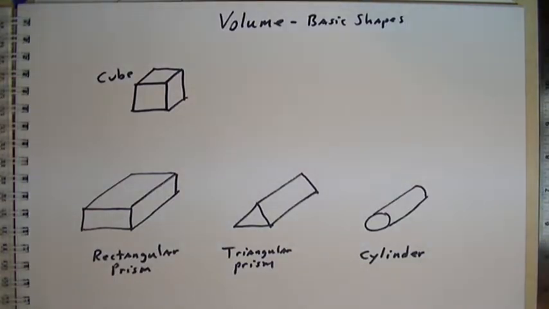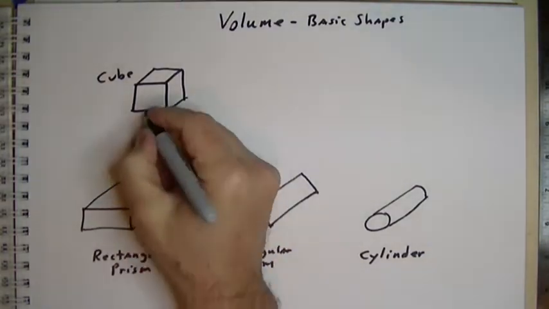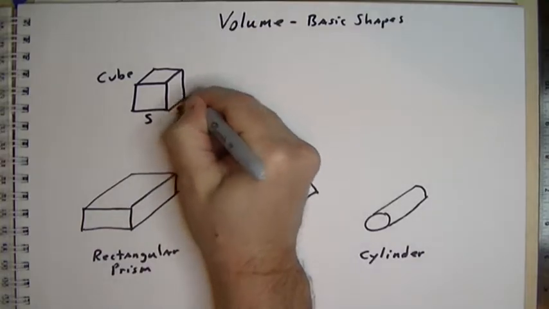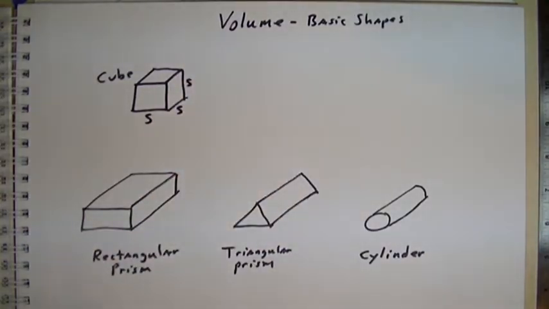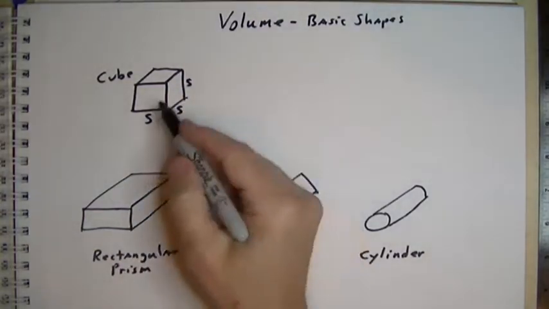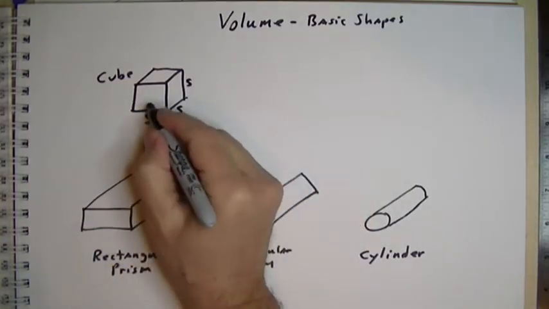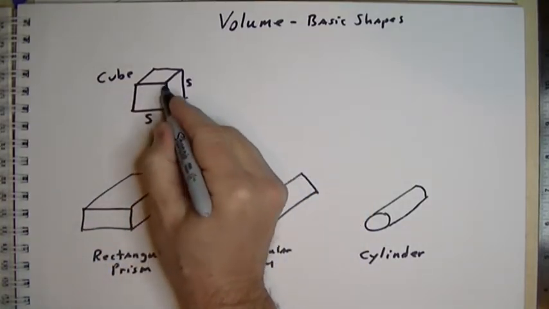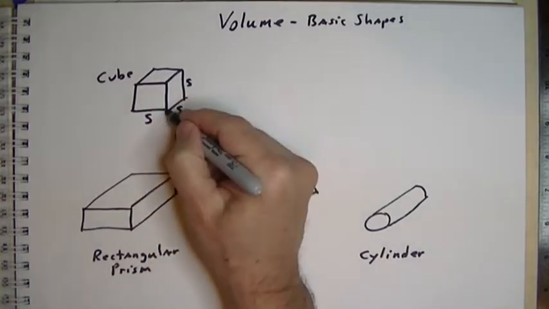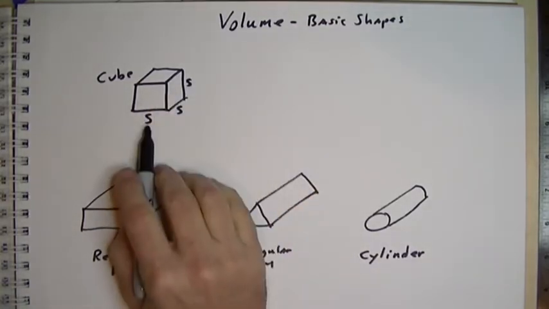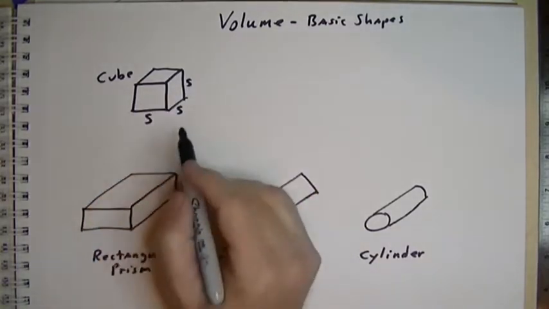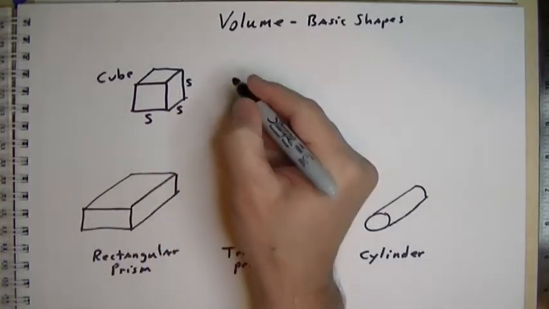So in the case of the cube, all the dimensions are the same. What we would do is simply find the area of one side and multiply it by the third dimension. The area of one side is s squared, and then we take that times another s.